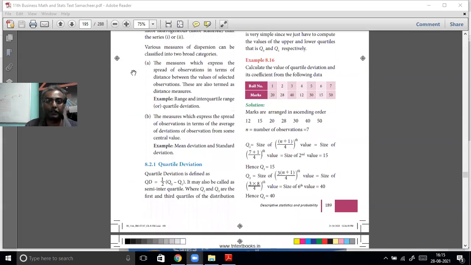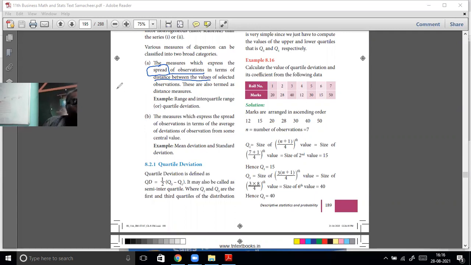Two types of measures of dispersion we are going to see. One is measures which express the spread of observations. The spread means dispersion. The spread of observations in terms of the distance between the values of the selected observations.